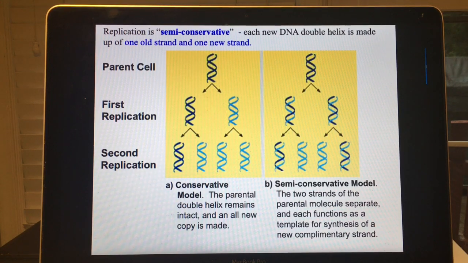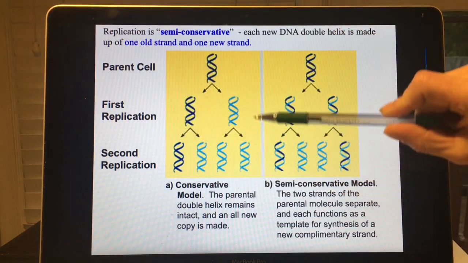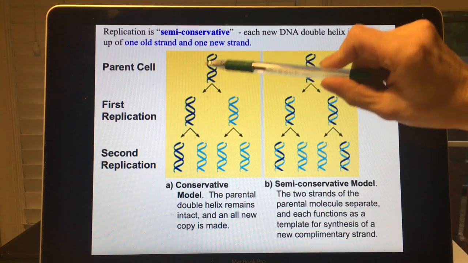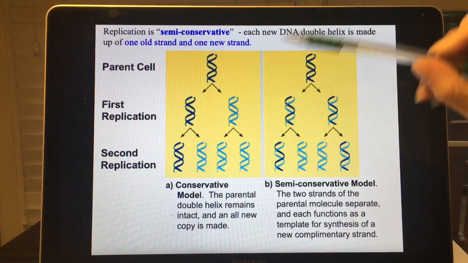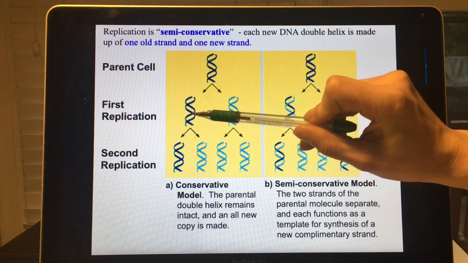DNA replication occurs in what is considered a semi-conservative method. Now, this diagram on the left shows what scientists thought was one possibility. They thought, okay, so you have this original DNA strand, it opens up, builds a new strand, and the two new strands come together, and the two old strands come back together.